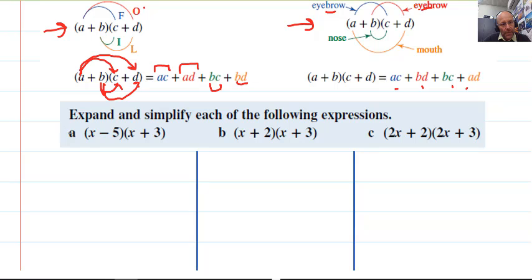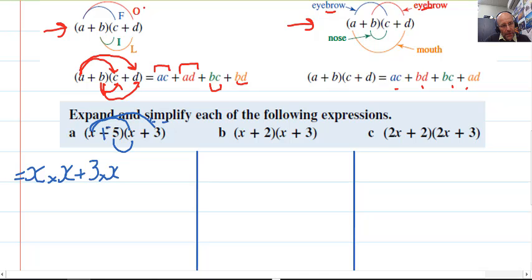Okay, so in the 3 examples here, expand and simplify. Now we do need to simplify these sometimes. So I'm going to go first by first. So x times x, plus first by second, 3 times x, and then second by first.